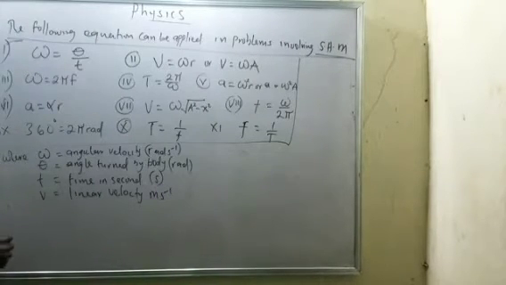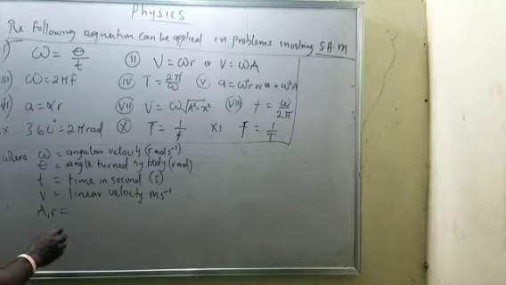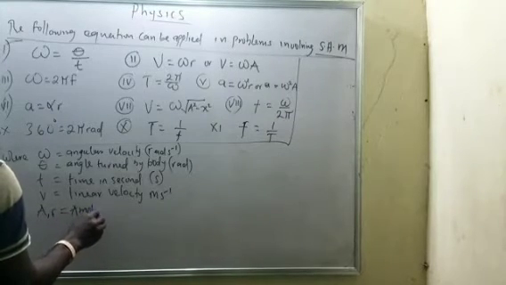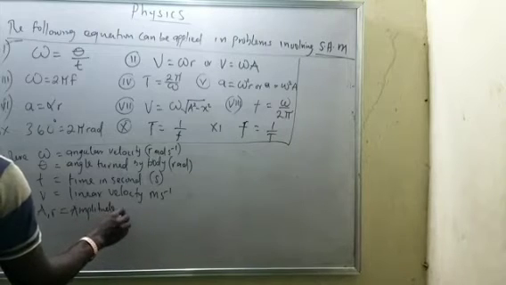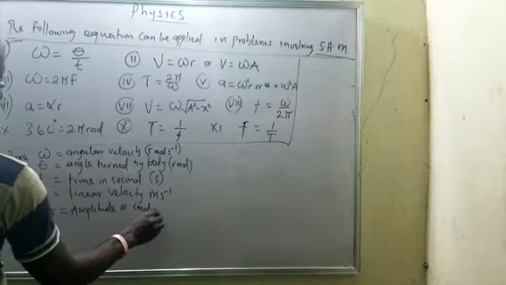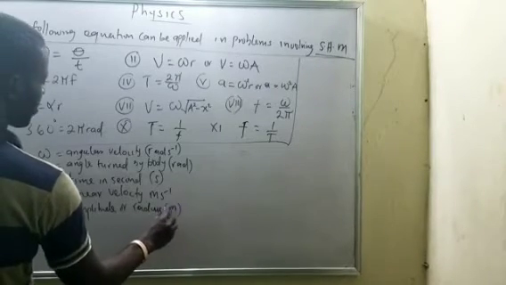Next one is my R, or we call it radius, which I said is amplitude, or radius, which is always in meter.